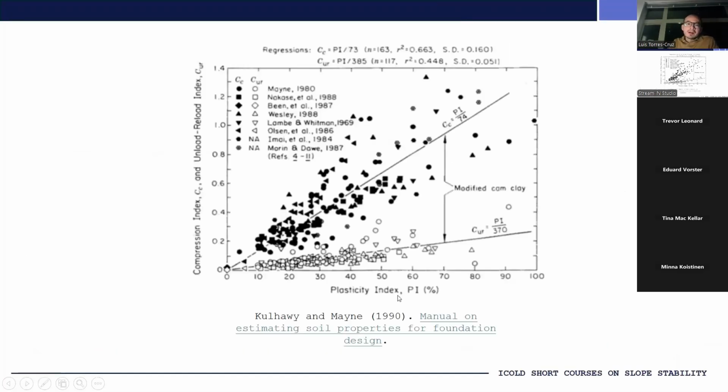There are older versions of those figures. This is from 1990. And again, we see the compression index and the recompression index expressed as a function of the plasticity index. And the message here is the same. Look, the greater the plasticity of the soil, then the greater the compressibility that you can expect to observe in that soil.